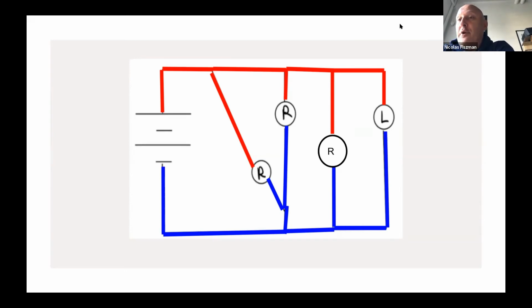So you came up with a really clever solution to say, the only way this can make sense is if I put not a light bulb, but a resistance in the middle of the circuit. And that would allow it to separate the blue from the red. Totally makes sense, right?